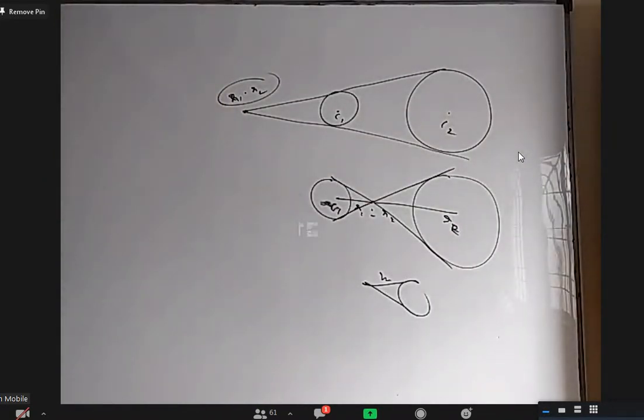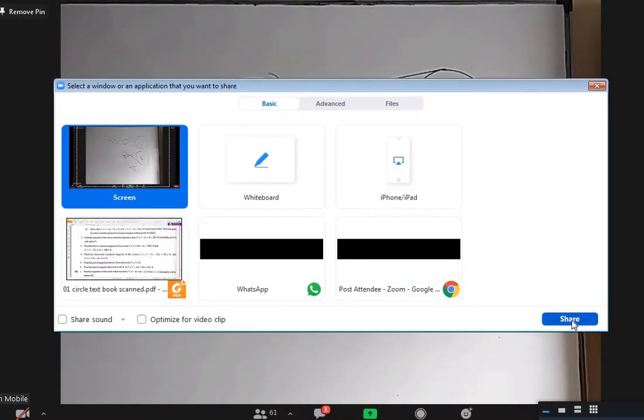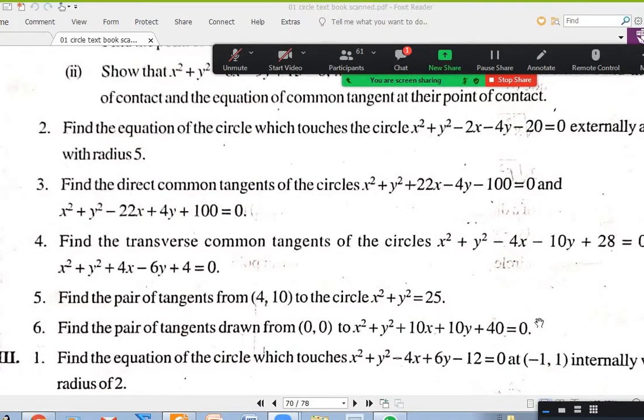Yes, sir, do it specifically, I'll do it. Okay. Here, one of the centers is (2, 5) and the radius is 1.